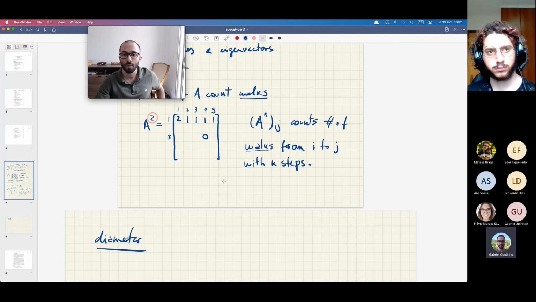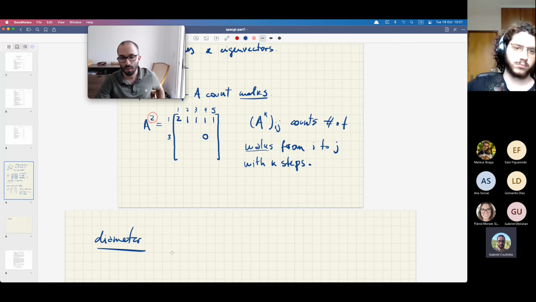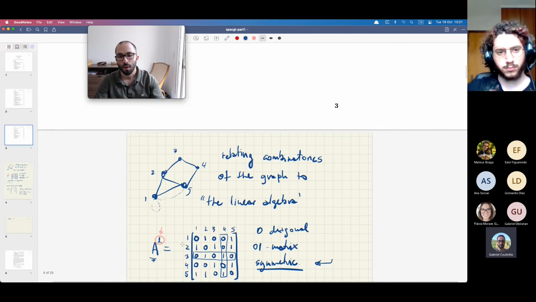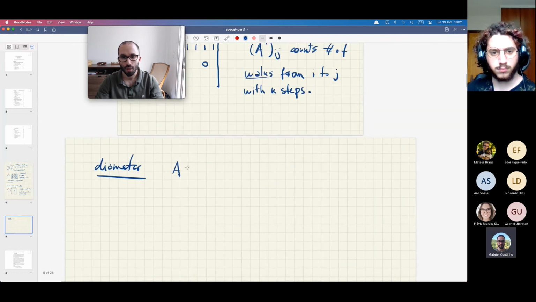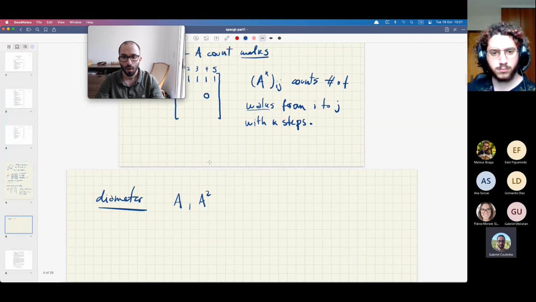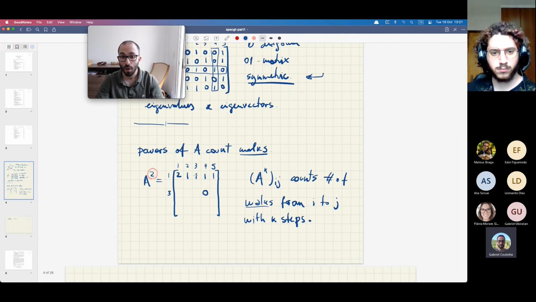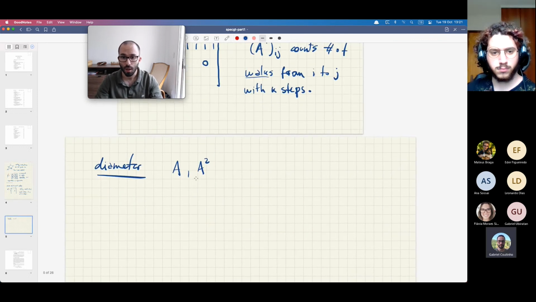This is somehow encoded in the powers of this matrix, because I start with A and I examine the first row, for example. I know exactly which are the vertices I can reach from the vertex at position 1 in 1 step. I can reach 2 and 5. In A squared, in the first row, I can reach all vertices of the graph.